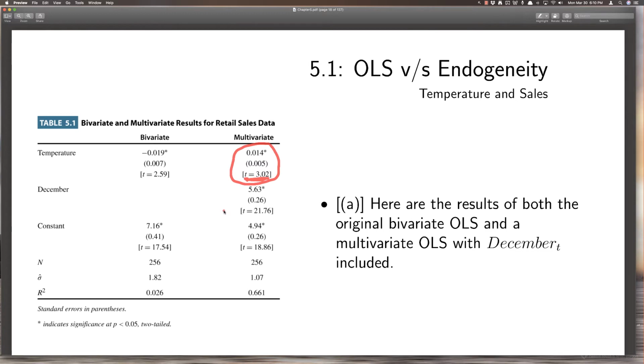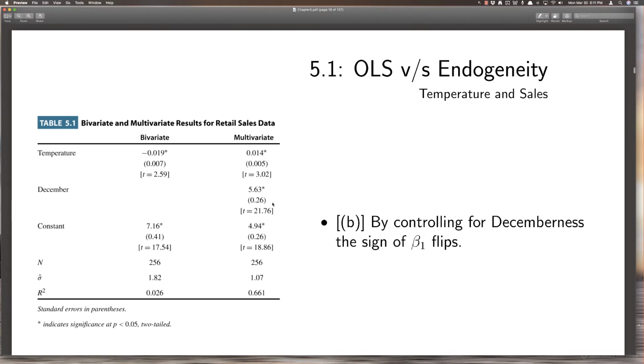So now this represents a more typical sales pattern without the holiday season, where as things get warmer, people tend to go out and shop more in the summer and in the spring than they do in the winter, except for the holiday season. So now we've pulled out that Decemberness, so we really do have the effect of when things get warmer, what happens to sales, holding everything else we can think of constant.